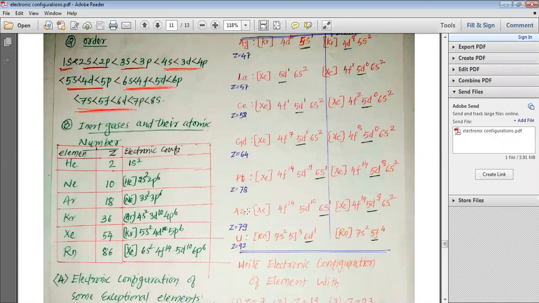Same way for gold, aurum, Z is equal to 79, the electronic configuration should be xenon 4f14 5d9 6s2, but instead of 5d9, 5d10 is more stable, and that is why the electron from 6s goes to the 5d, and the real electronic configuration for gold is xenon 4f14 5d10 6s1.